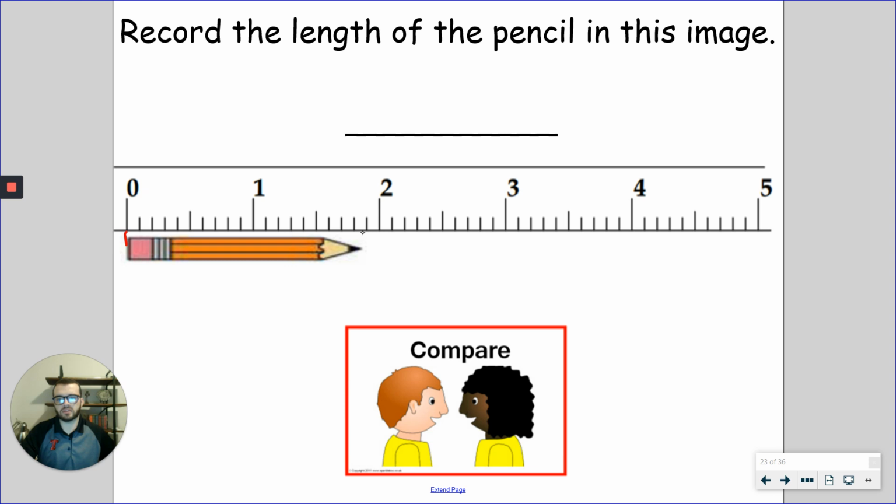I'm going to say it's right there. 1.8, not quite 1.9. So that's what? 1.85. I'll say this is centimeters. 1.85 centimeters.